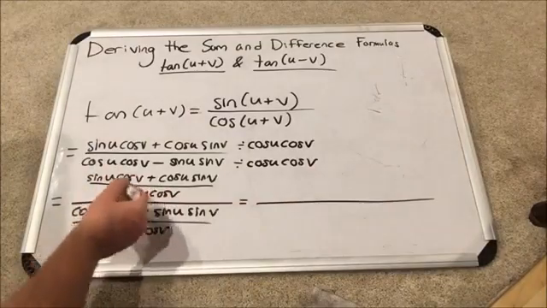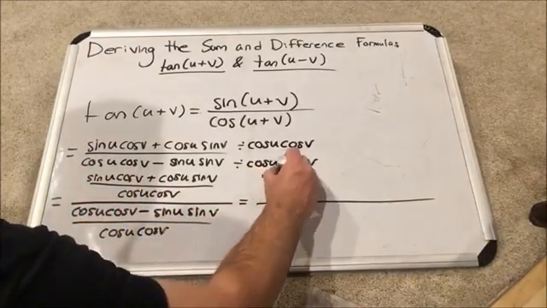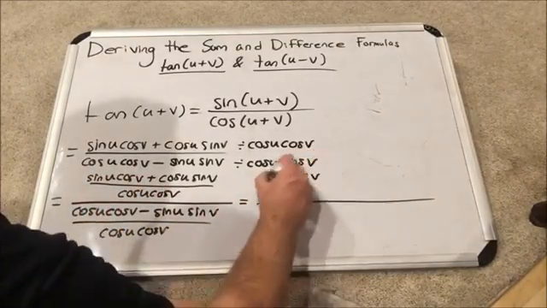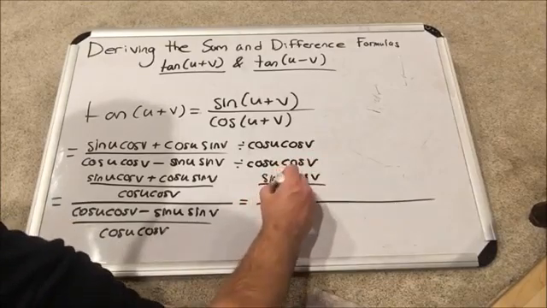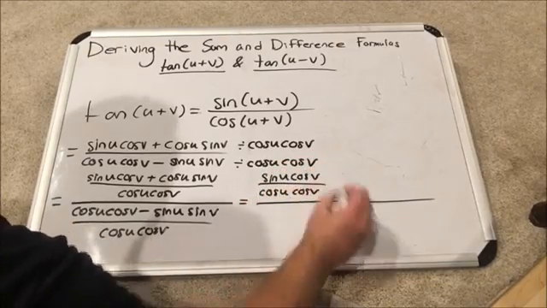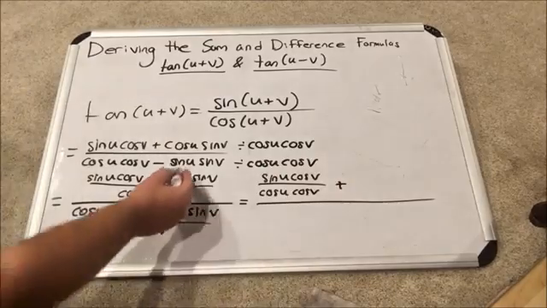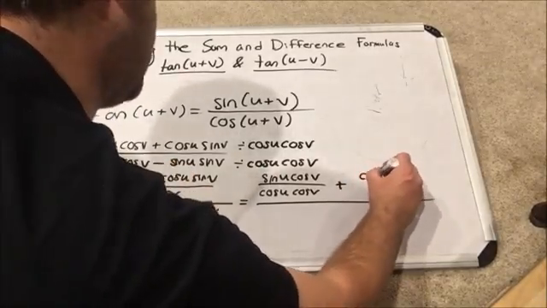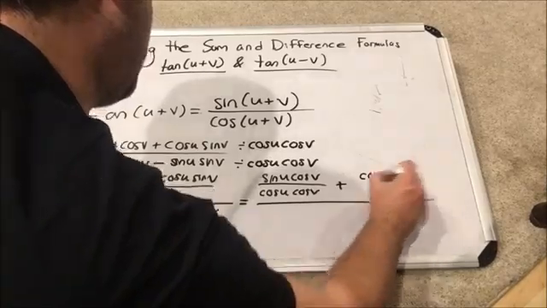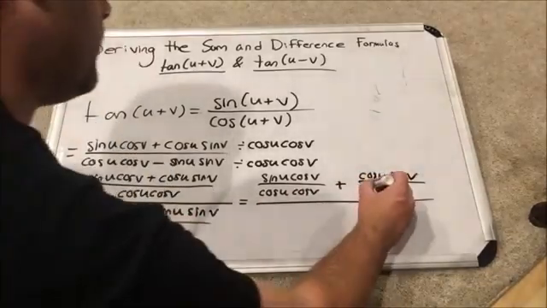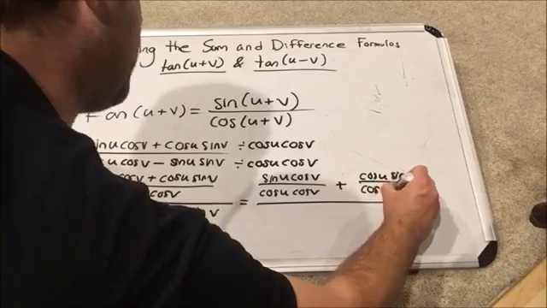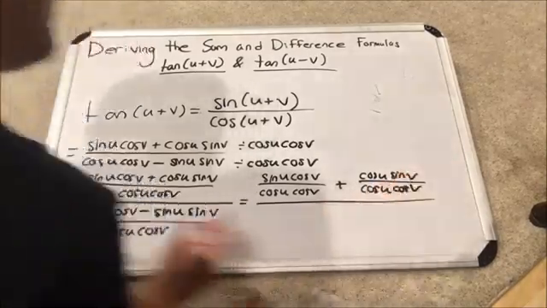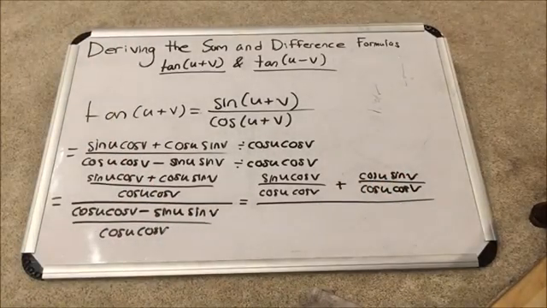So I'm going to write this first fraction as sine u cosine v over cosine u cosine v. I'm going to add to that the other fraction, cosine u sine v over cosine u cosine v. Then you can see stuff that is going to cancel.